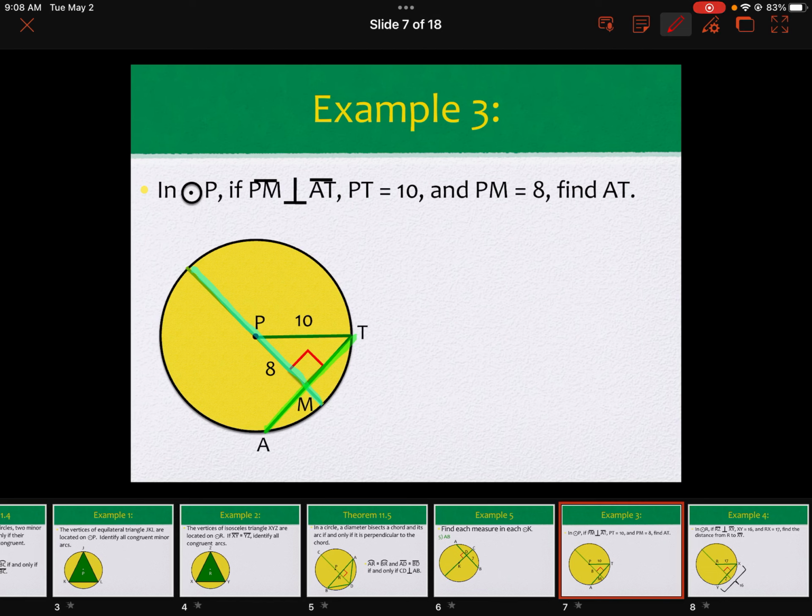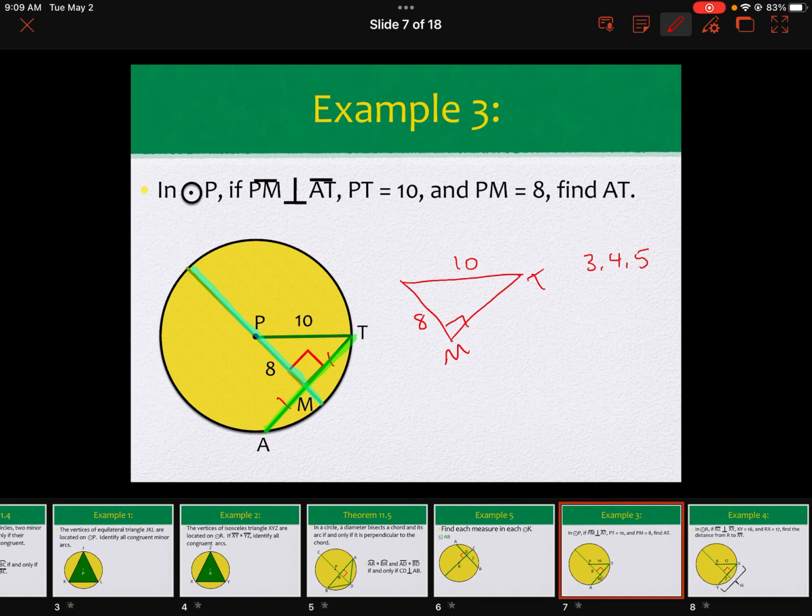Okay, so remember what we know. If you have a diameter bisecting a chord and its arc, then they're perpendicular, and vice versa. So these guys are the same. Do you see a right triangle in this problem? And I didn't draw this to scale. But how long would that side be? That's segment MT. Remember your triples.